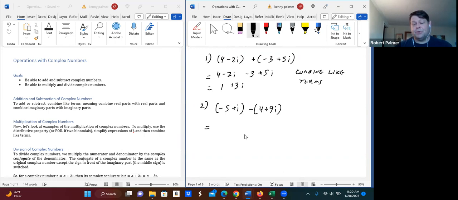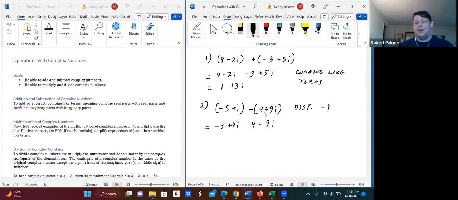We can actually just get rid of the parentheses. We have negative 5 plus 4i. But here, we want to distribute the negative 1. Okay. It's a negative. So distribute, multiply that by each part. And remember, distributing a negative just changes your sign. So that's going to give us negative 4 minus 9i.